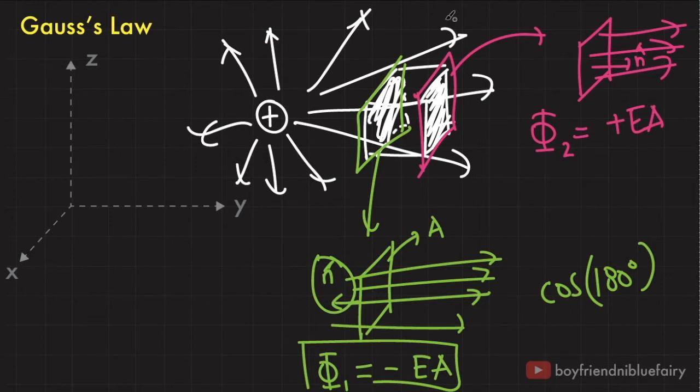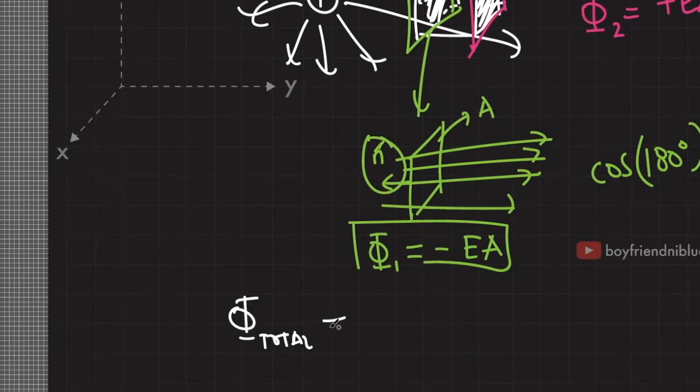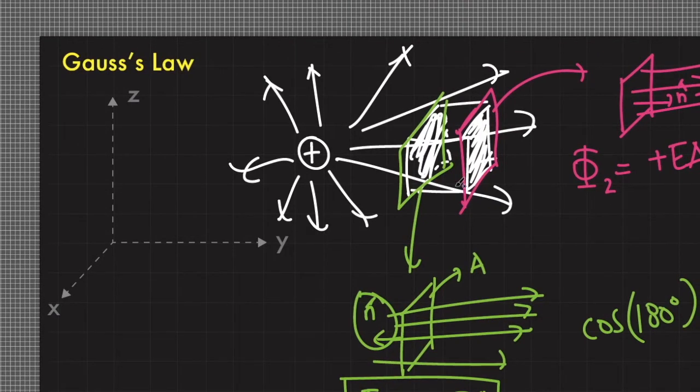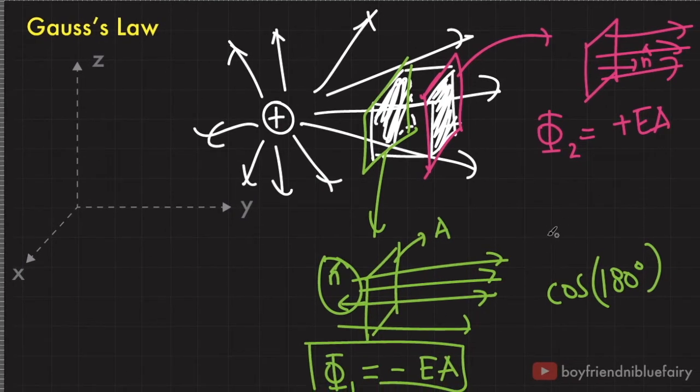So if I try to calculate the net flux, assuming that the flux on the other sides of the cube are 0, the total flux or the net flux is equal to phi sub 1 plus phi sub 2. Again, I'm not going to write the other flux for the other four sides of the cube because they are obviously 0, since the area vector and electric field lines are perpendicular to each other, resulting in cosine 90 degrees.